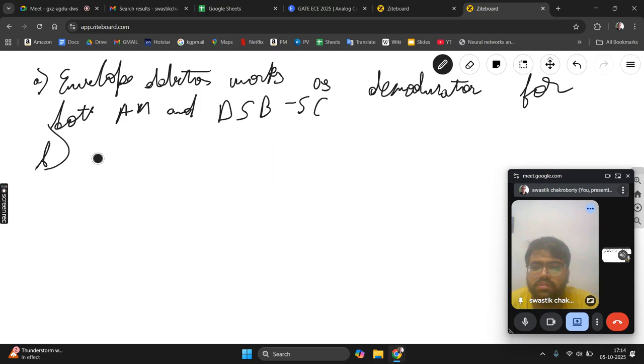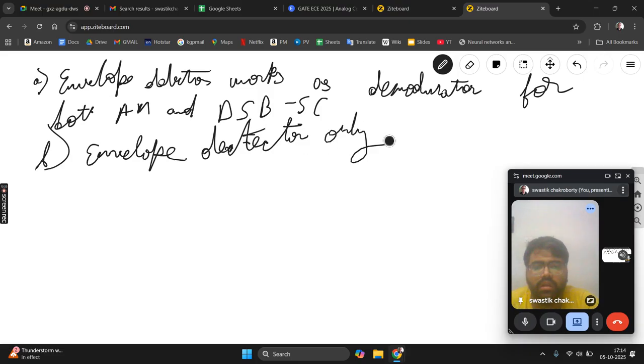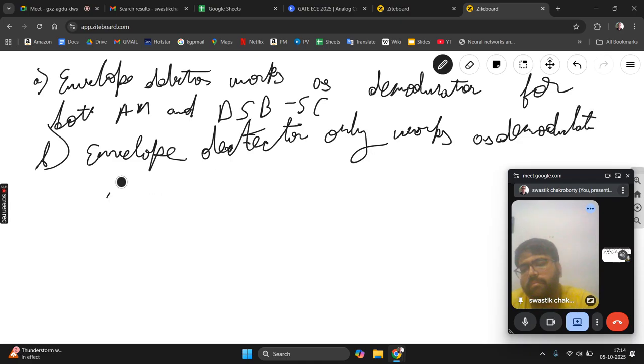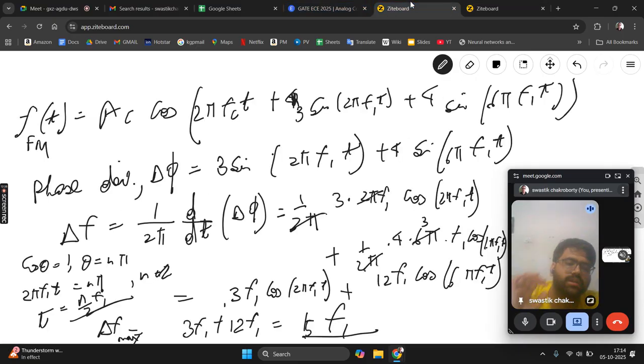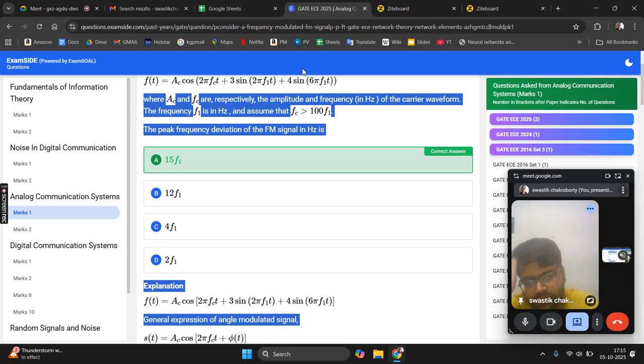Next, the envelope detector only works as a demodulator for AM. These are basically the two options.